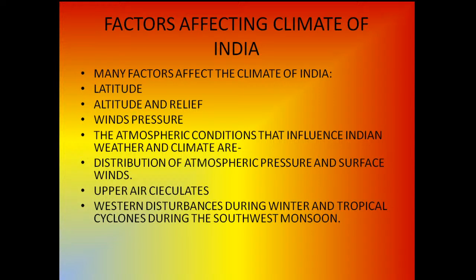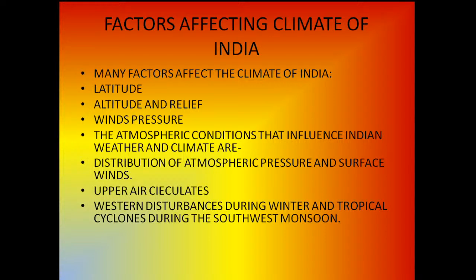Now let's talk about the other term: factors affecting the climate of India. Children, there are several factors which affect the climate of India. They are latitude, altitude and relief, and winds pressure.